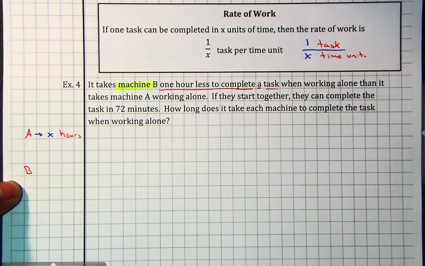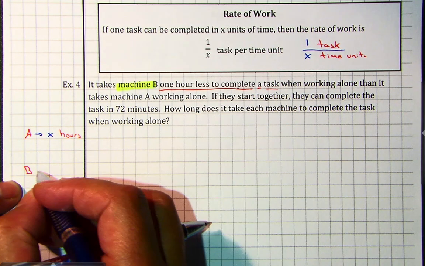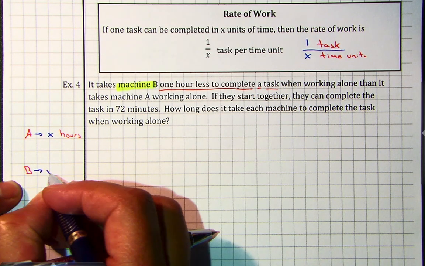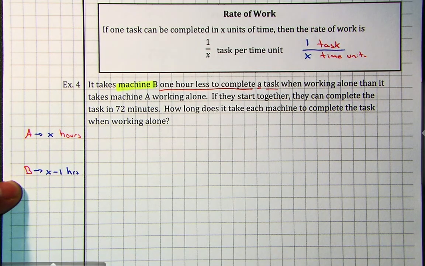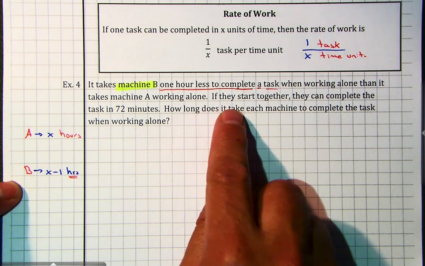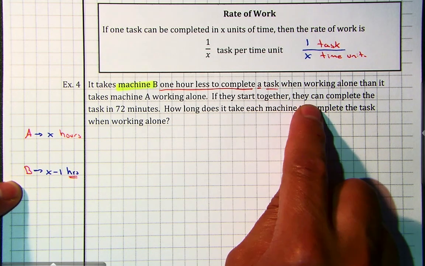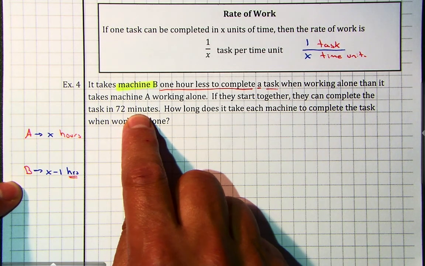Therefore, machine B takes 1 hour less, so it will be X minus 1 hours. If they start working together, they can complete the task in 72 minutes.